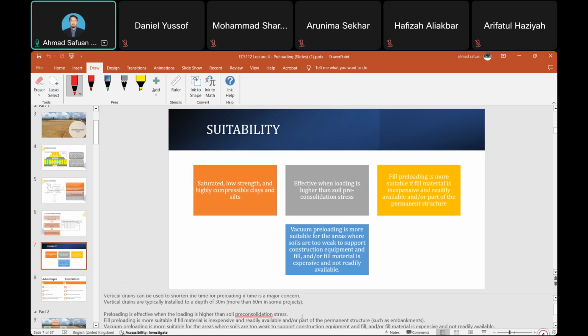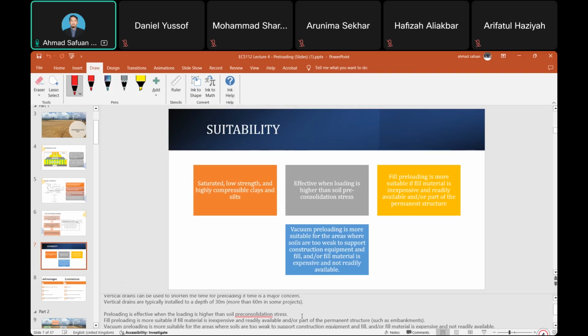So we need to carry out the odometer test. Then, to make sure that the preloading is effective, the load applied on the weak soil should be greater than the pre-consolidation stress obtained from the odometer test.